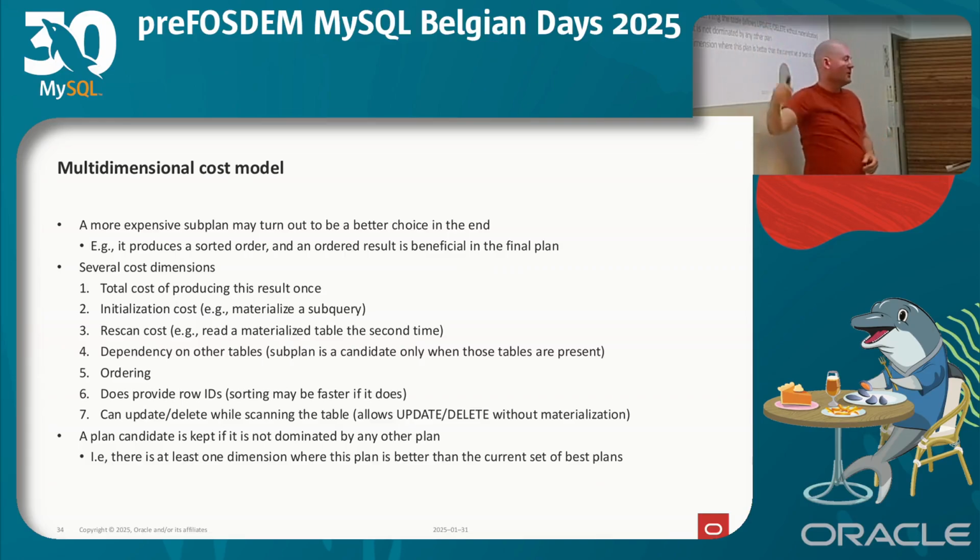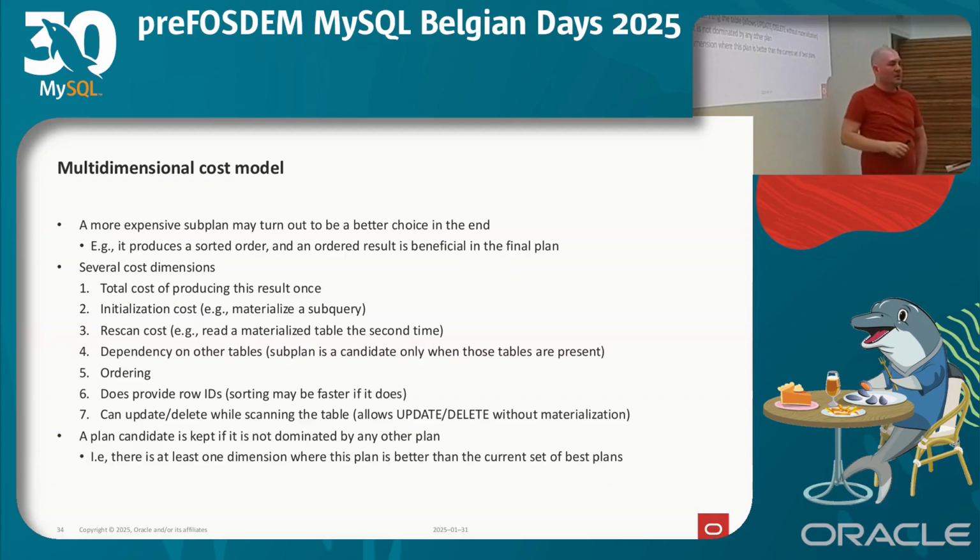Dependency on other tables. So let's say we have a very smart way to read table A, join table B, but it depends on some column that is in table C, so we can't use it unless we have already joined in table C. So parameterized plans that can be used in some special conditions is one option there. Typically, this would be cases for using index lookups in your subplans.